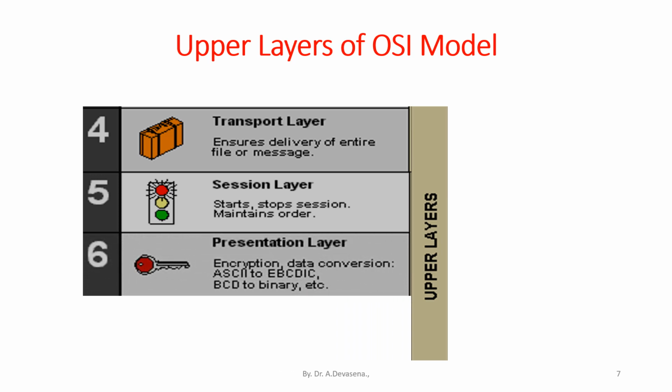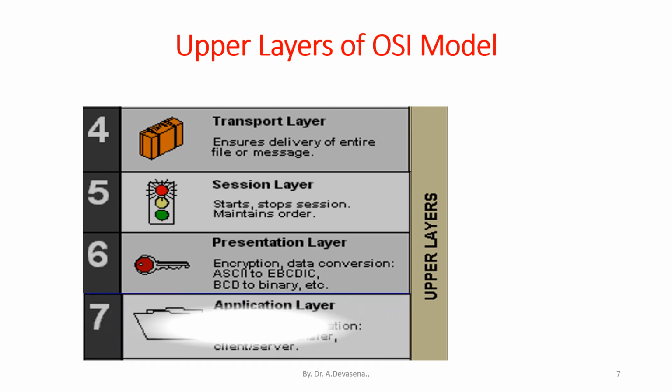Layer 6, presentation layer, that is encryption and data conversion, ASCII to EBCDIC, BCD to binary, etc. Layer 7, application layer, types of communication: email, file transfer, client server, etc.